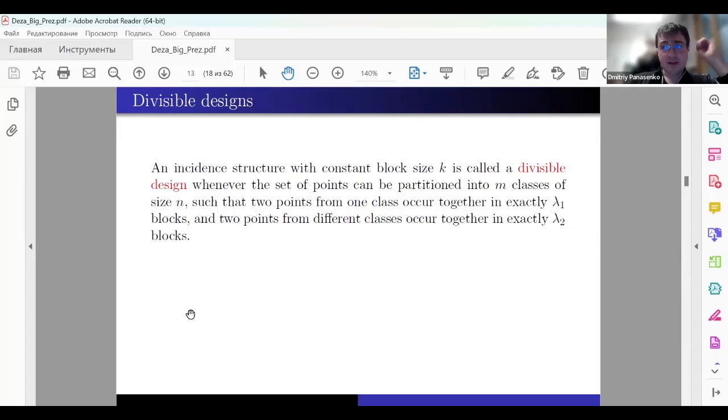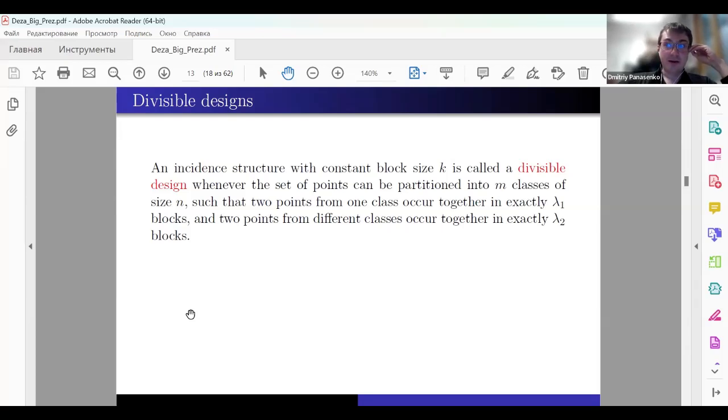And why are these graphs called divisible design graphs? What does it have to do with designs? So let me also mention that. An incidence structure with constant block size k is called a divisible design if the set of points can be partitioned into m classes of size n, such that 2 points from one class occur together in exactly lambda 1 blocks, and 2 points from different classes occur together in exactly lambda 2 blocks. Sounds very familiar, I assume.